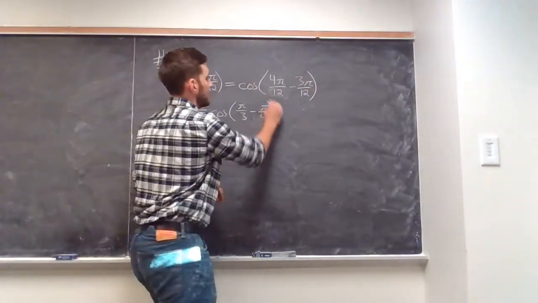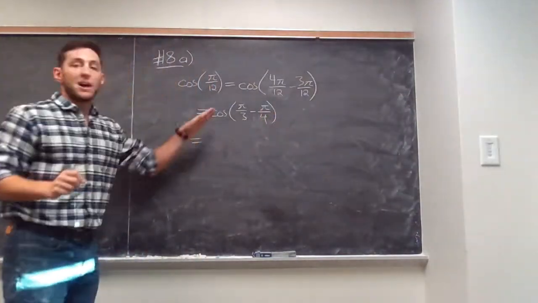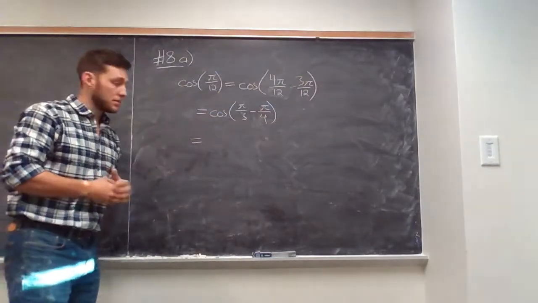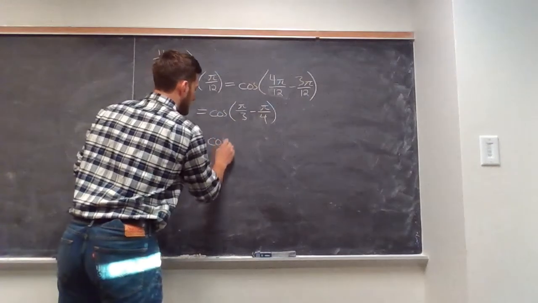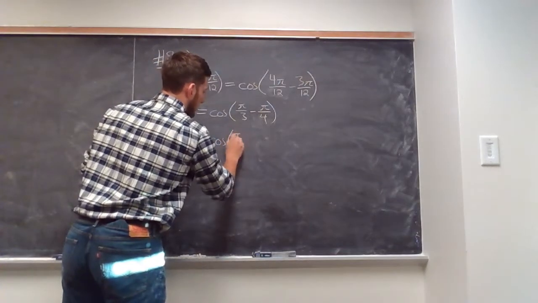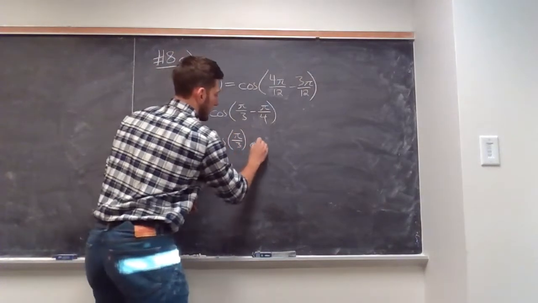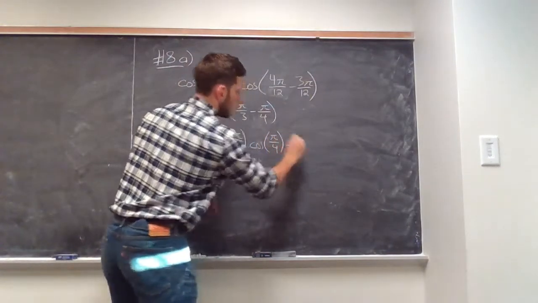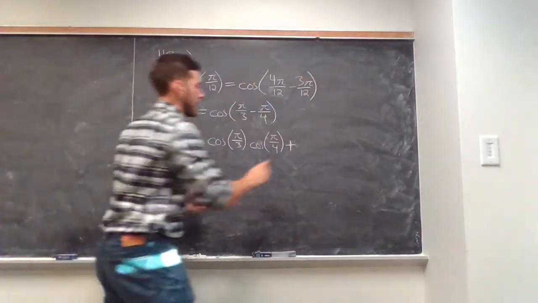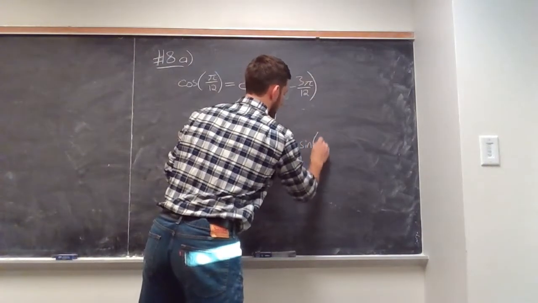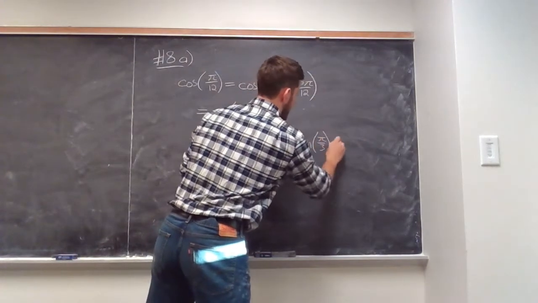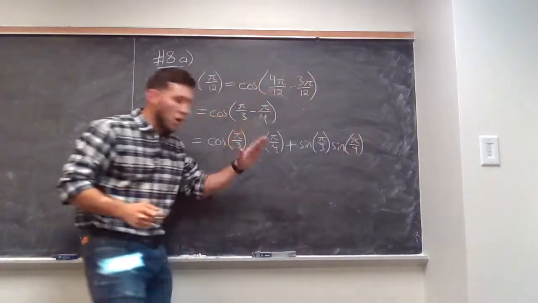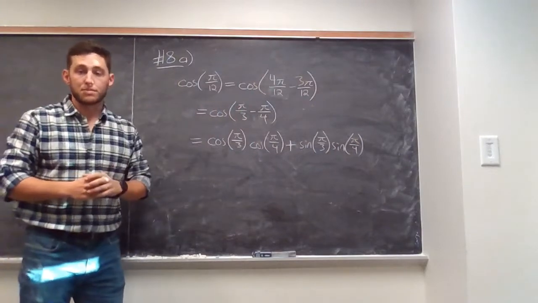Now from here, you have to have memorized how to split up the cosine of an angle minus an angle. This can be split up as cosine of your first angle times cosine of your second angle plus sine of your first angle times sine of your second angle. So just rote memorization on this portion.